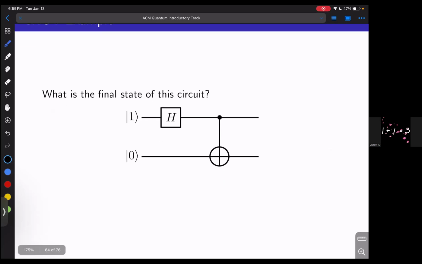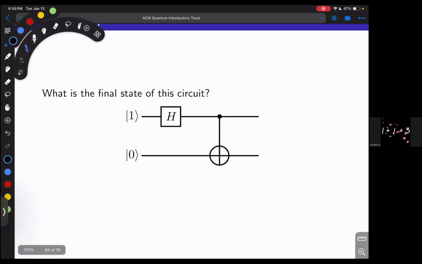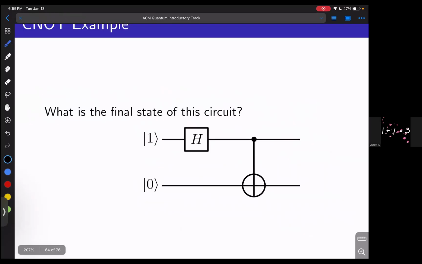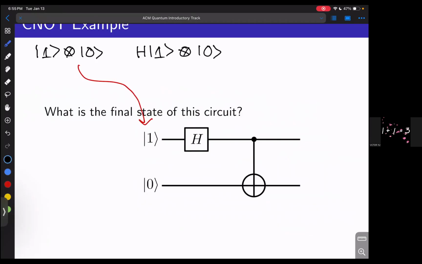So I'll just set it up by saying that we start in ket 1, 0, and then we apply an H on the first qubit. So this 1, 0 is the state at the beginning, H on 1 tensor 0.